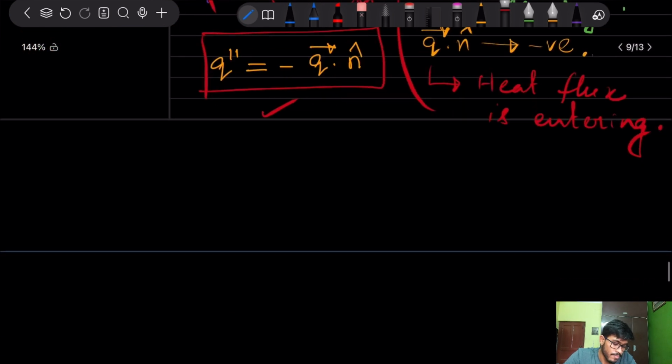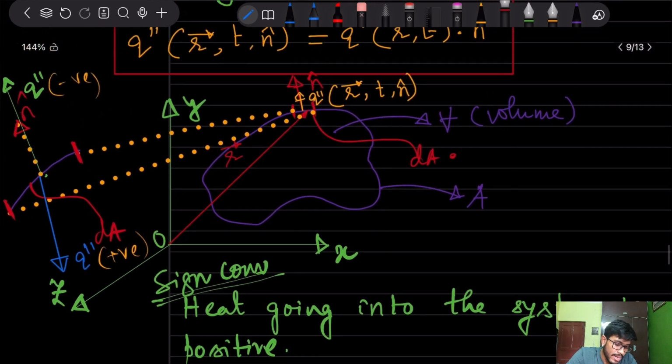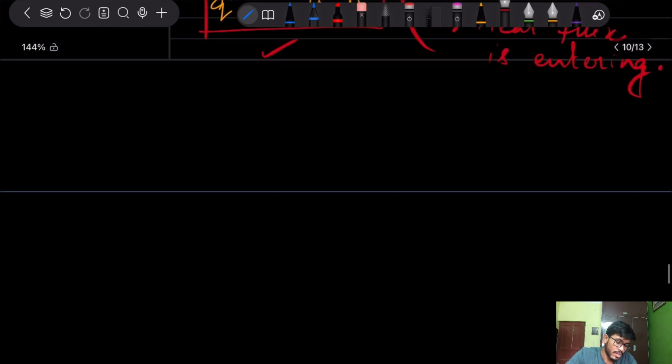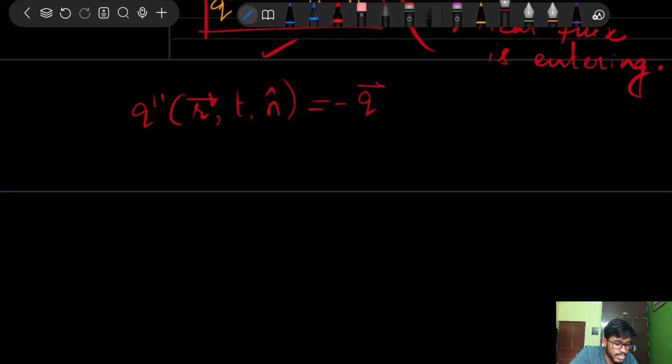So therefore, at this elemental area dA, my heat flux q double prime, which is a function of r, t, and n, is equal to minus q dot n.